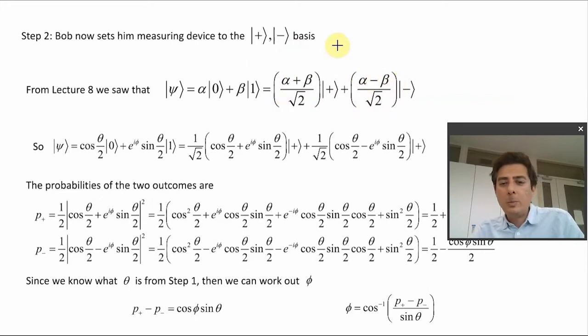So we can apply that formula to the way we've written the state this time. So it's cosine of theta over 2 plus e to the i phi sine theta over 2, all over square root of 2. That's the coefficient of the plus, and the same thing with a minus sign for the minus. I've got a typo here, so that should be minus.